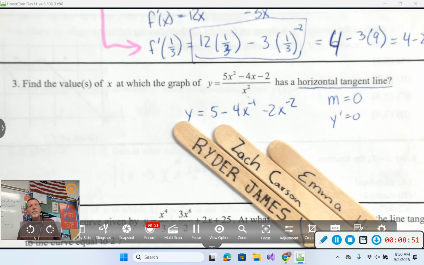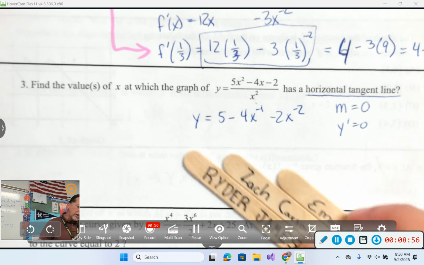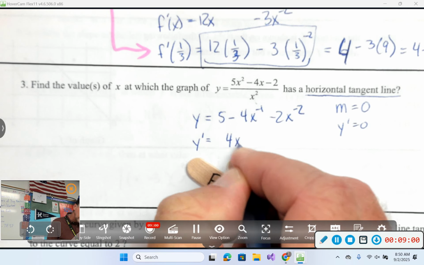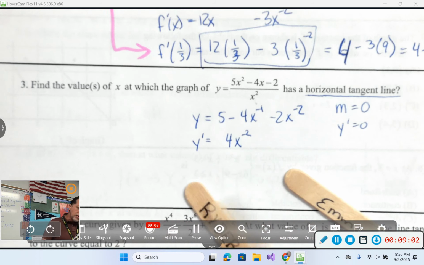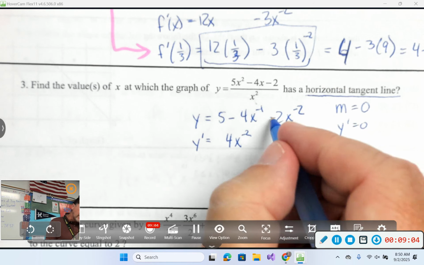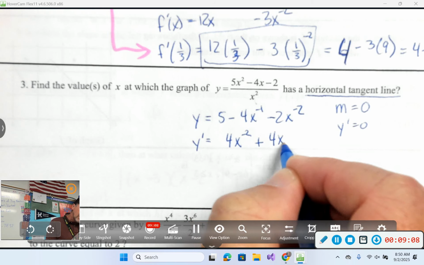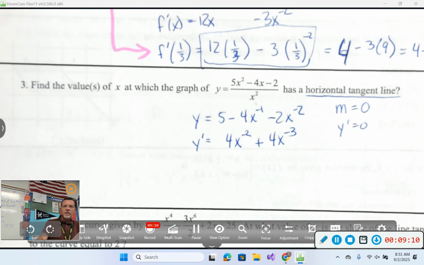Ryder, the derivative of 5 is? 0. Zach, the derivative of negative 4x to the negative 1? Yes, it would. And Emma, the derivative of negative 2x to the negative 2? Positive 4x to the power of negative 3. Okay.